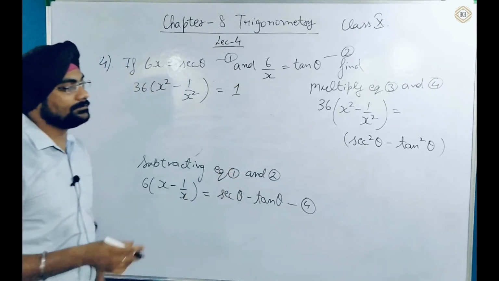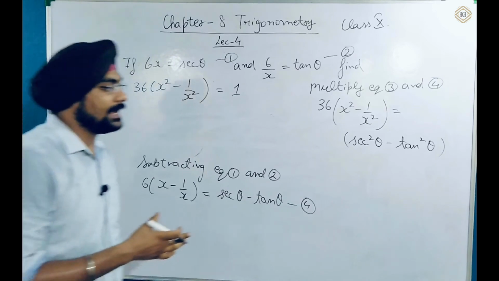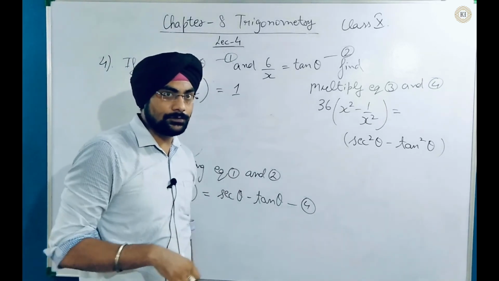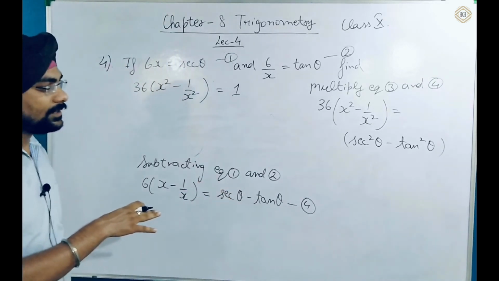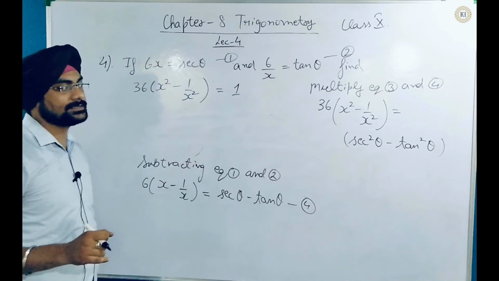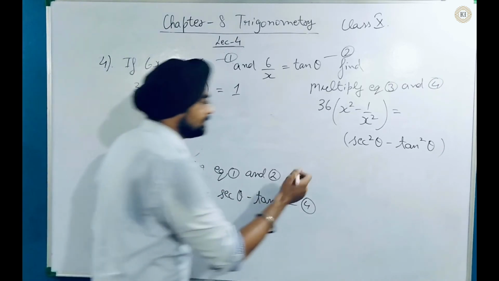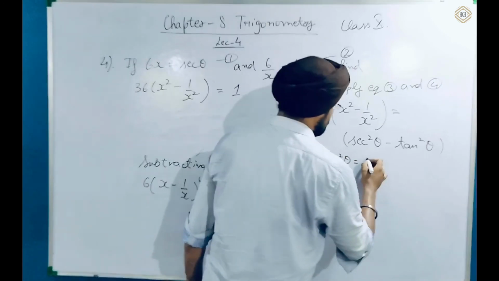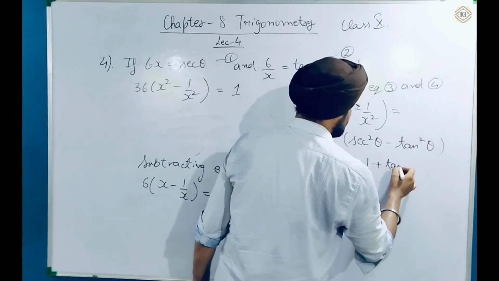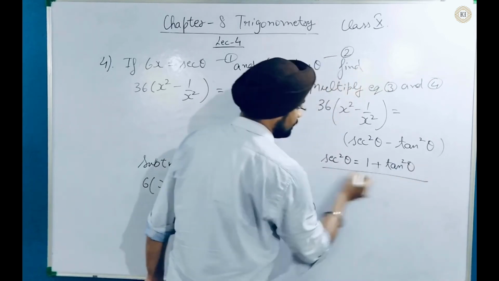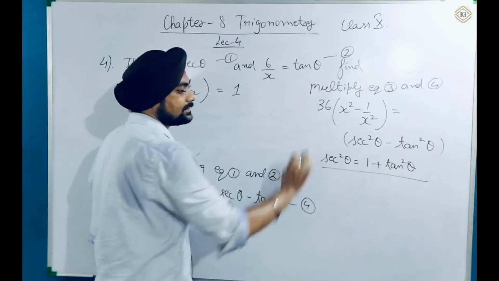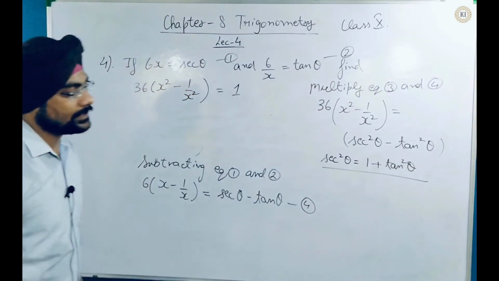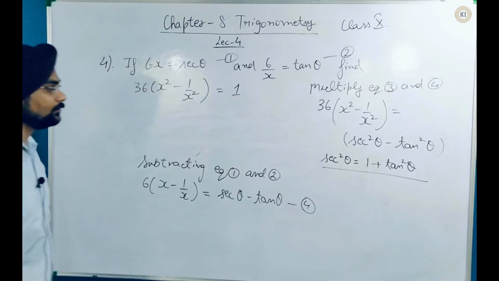I have discussed some identities in my previous video, you can go through it. Generally we know sec square theta is equal to 1 plus tan square theta. This is the identity. When you transfer tan square theta, you get sec square theta minus tan square theta is equal to 1.